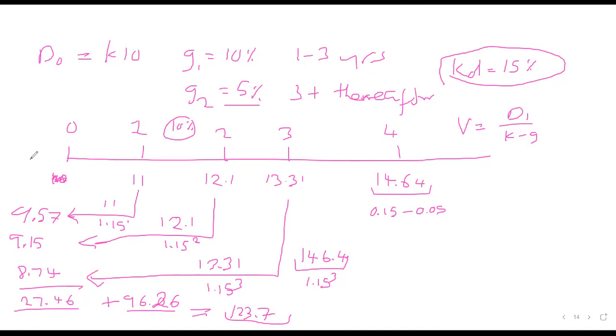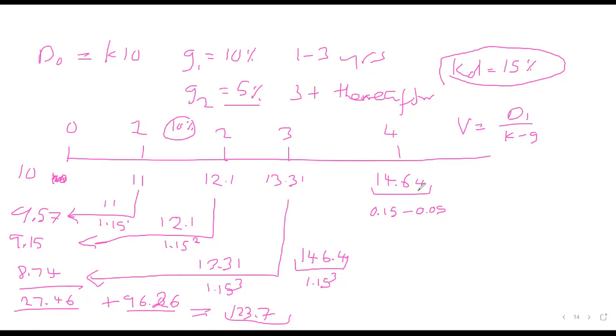A recap: we started with a 10, which was used to project the values of stock for year 1, 2, 3 up to 4. Then for the first phase, since the growth rate was 10%, we discounted them using the 15% to find the value of stock for the first phase. So we found 27.46, and this is our D1.